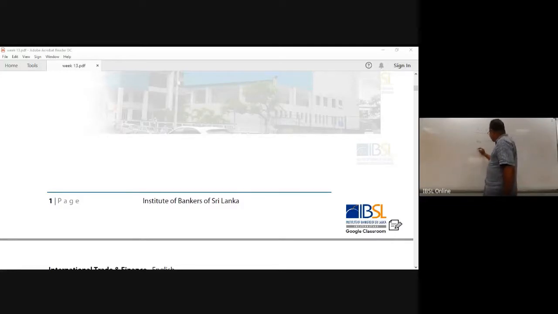On day 1, that is the latter part of the day, the issue bank sends an amendment for reducing the LC by $100,000. What is the new value now? 100,000.